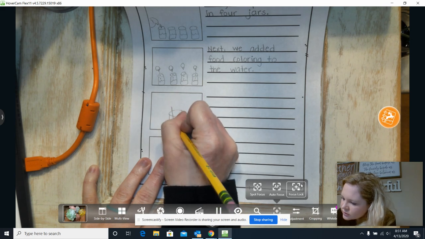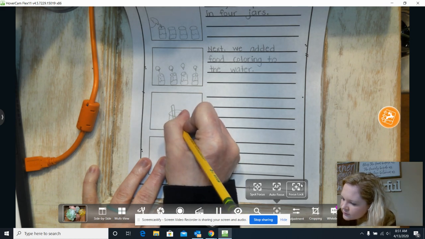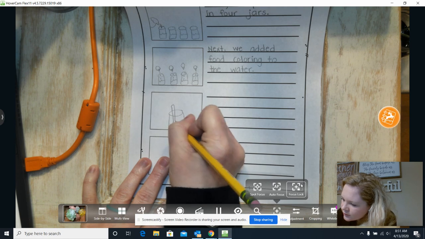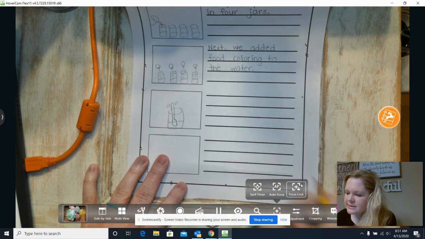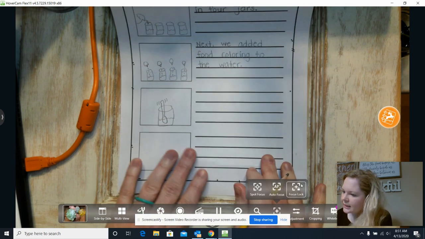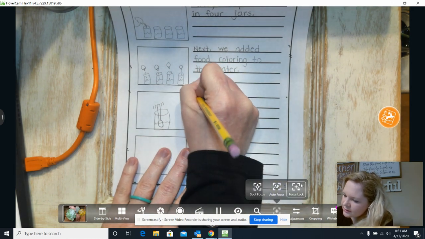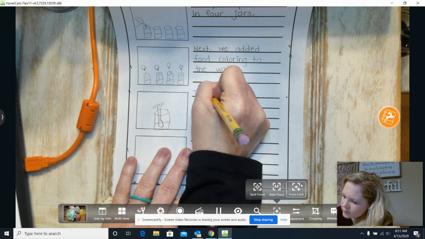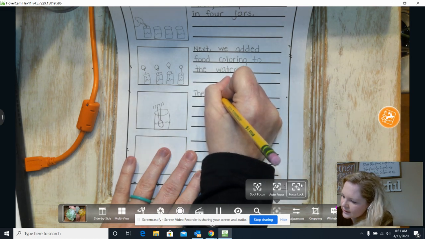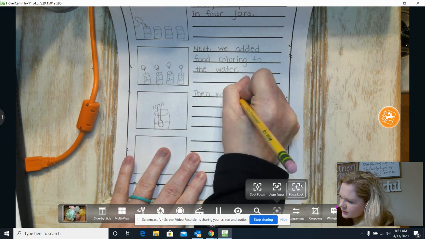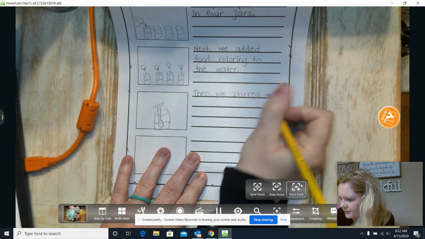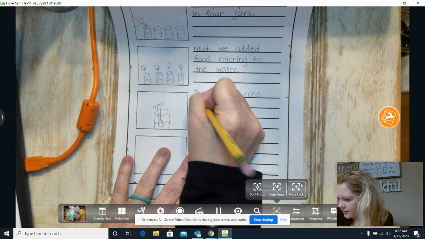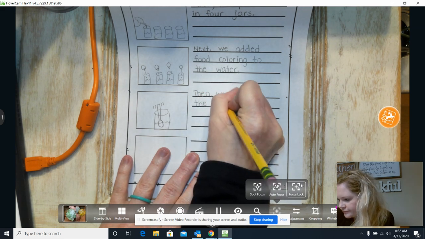I'm going to draw the spoon going in and stirring the water, and I'm going to draw lines going around my spoon to make it look like it's stirring. Then we stirred the water.